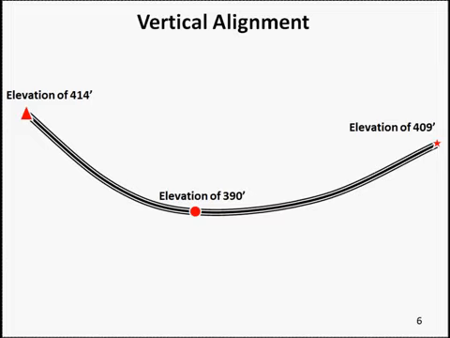As illustrated with the street level picture, the triangle has an elevation of 414 feet, the circle has an elevation of 390 feet, and the star has an elevation of 409 feet. This profile view shows a sag vertical curve between the beginning and the end of the section, which has a downhill grade as the driver leaves the triangle, a flat grade near the circle, and an uphill grade when approaching the star.